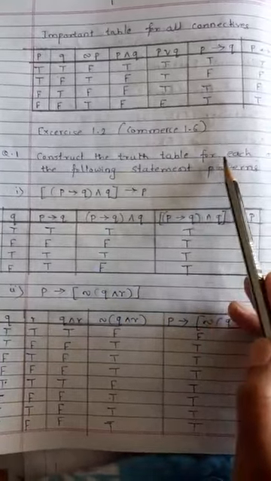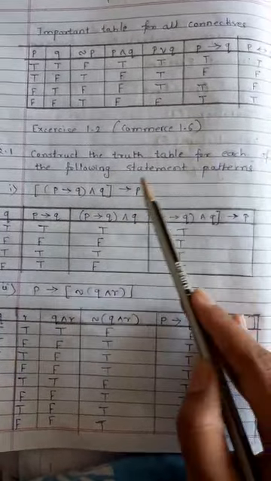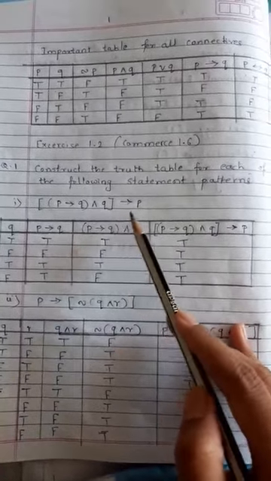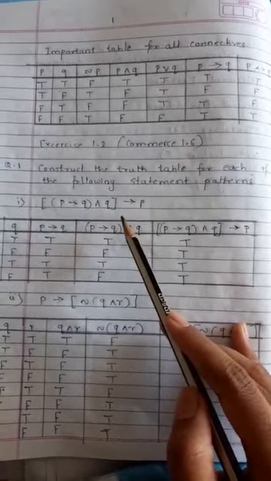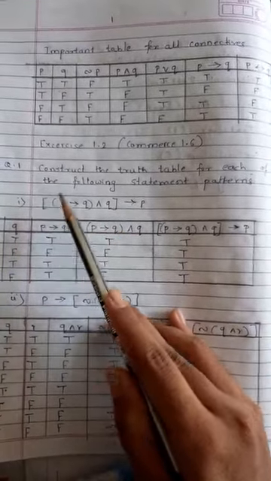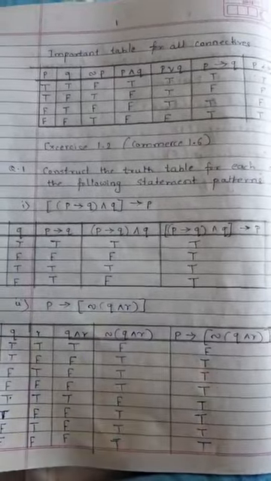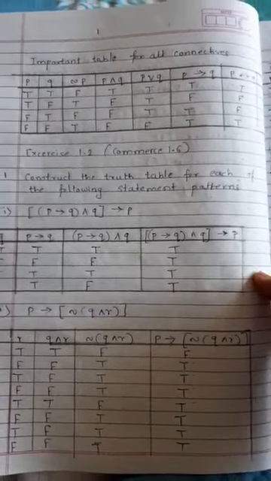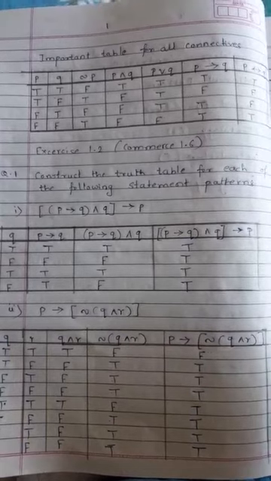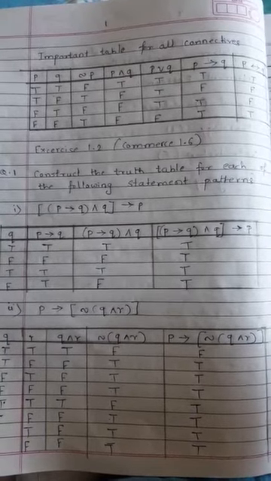Construct the truth table for each of the following statement patterns. So we have to construct the truth table for the given statement pattern. And we know what a statement pattern is.